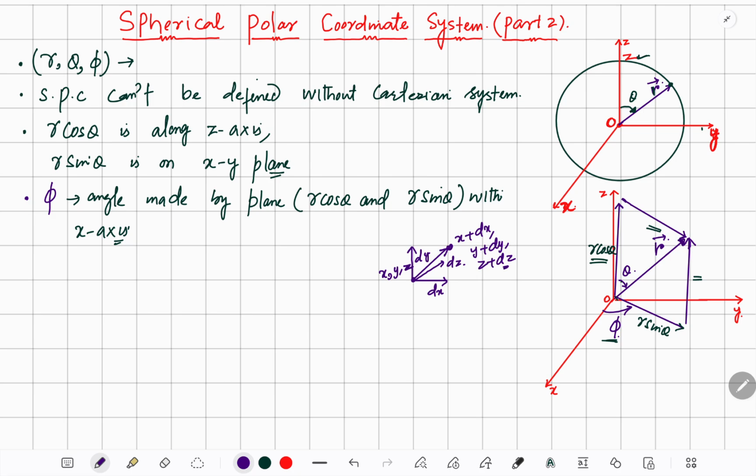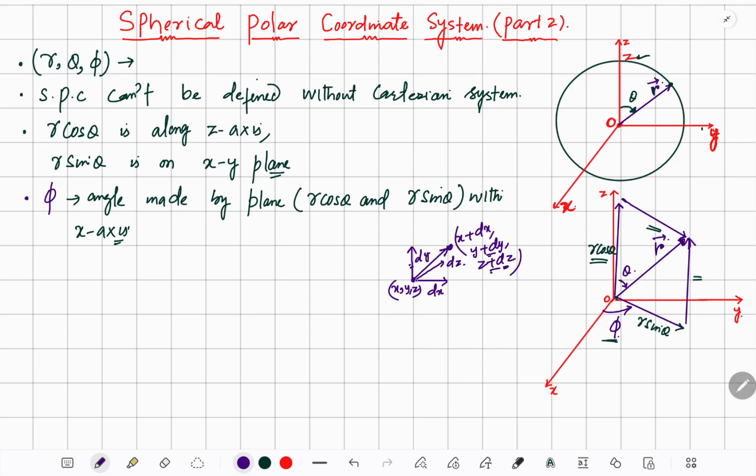Basically you moved an infinitesimal length along the x, y, and z axes. Similarly, in the spherical polar coordinate system, if you move, all three coordinates change.